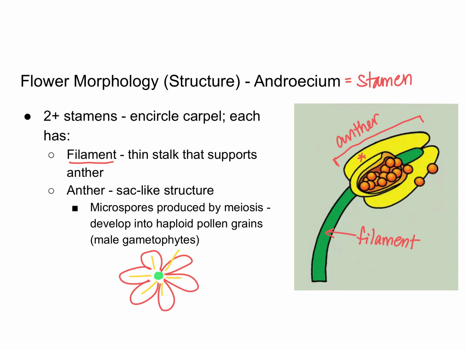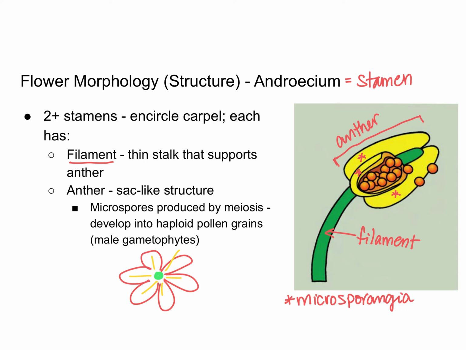Here, kind of opened up here, and here, these are the microsporangia. And once again, a microsporangia, just like a megasporangium, are structures that are ultimately going to produce spores.